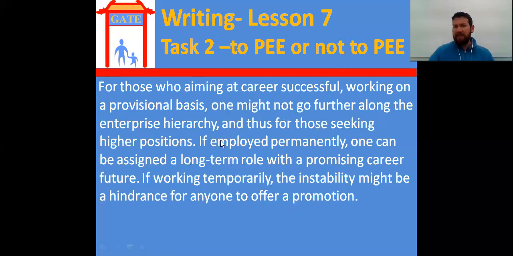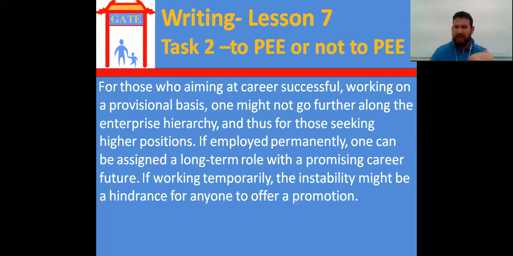Let's look at the next sentence. If employed permanently, one can be assigned a long-term role with a promising career future. So if we do stay in one company, we can get promoted. Now, if you think about that, that's exactly what the first sentence said, but again, in the opposite way.